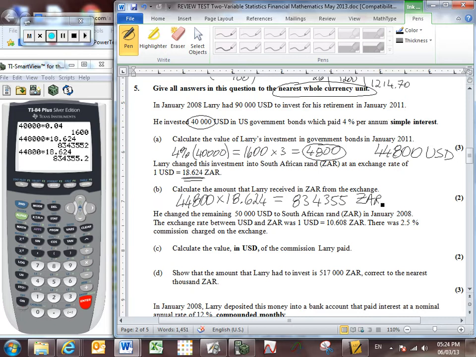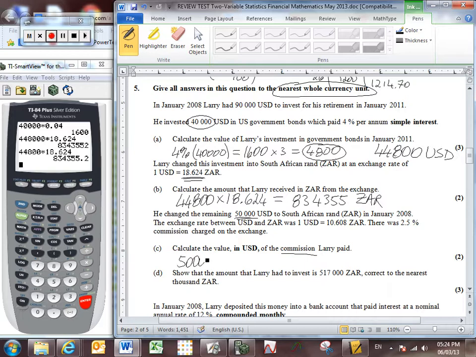He changed the remaining 50,000 to South African rand in January 2008. The exchange rate at that time was $1 was worth only 10 South African rand. And there was also a 2.5% commission charged on the exchange. Alright, calculate the value of the commission that he paid. So he was dealing with 50,000 at the time.